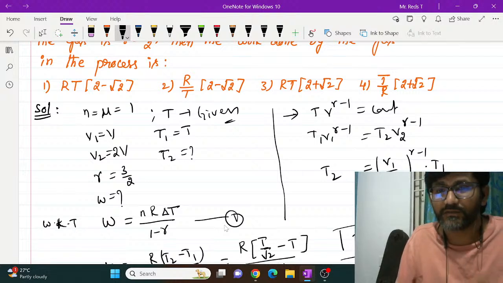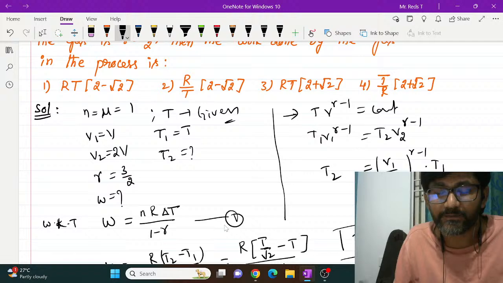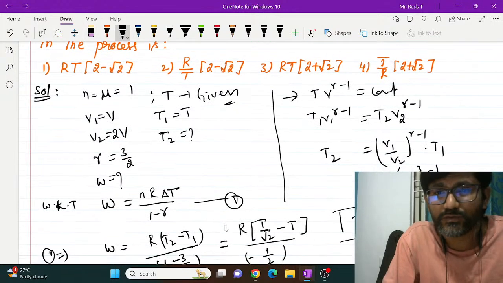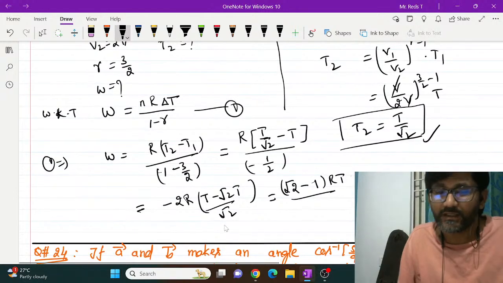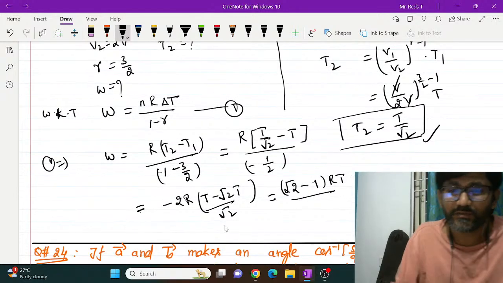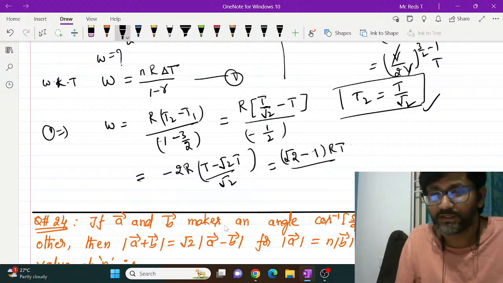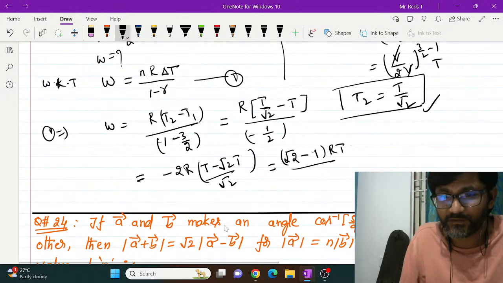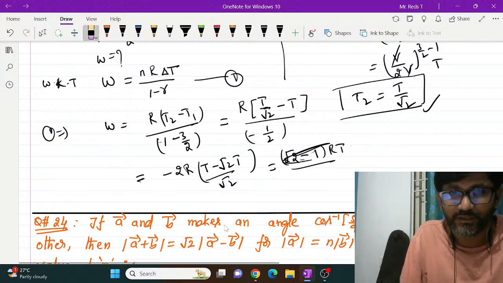So the second and fourth options you can omit. Then which option is there? 2 minus root 2, 2 plus root 2 is there. Which one is that? This minus 2 is there.